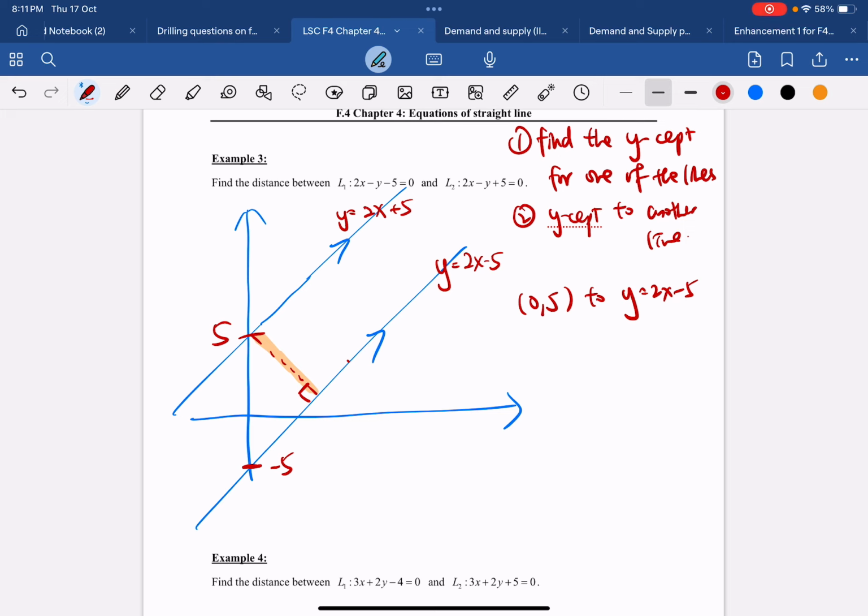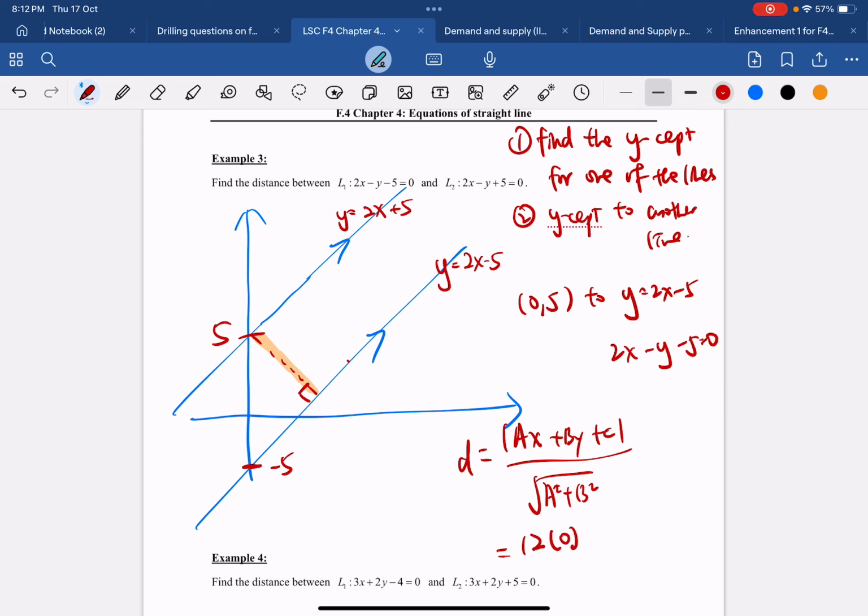So it's just the same thing as what we did just now, right? Okay, so we can find it. I just use the LC method, okay? It's simpler. So the distance is, and write down the formula first. This is 2x minus y minus 5 equals 0. So a is 2, x is 0, b is -1, y is 5, and c is -5.